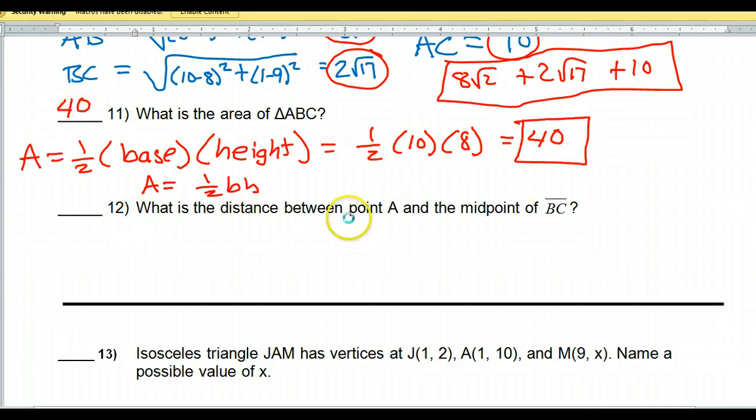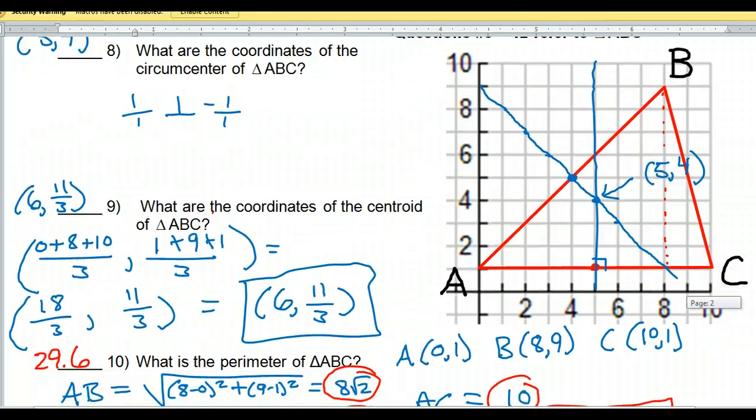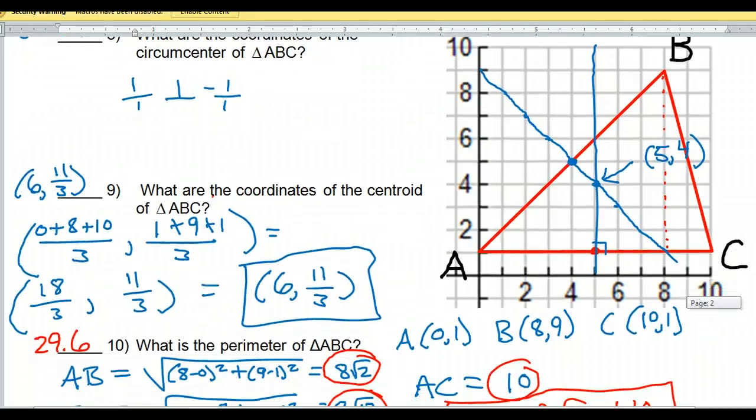12. What is the distance between point A and the midpoint of BC? Okay, well, what is this point A? Let's put that down. Point A is 0, 1.